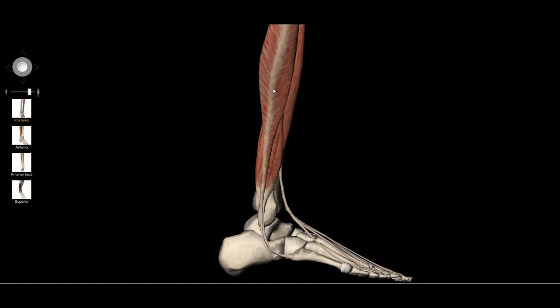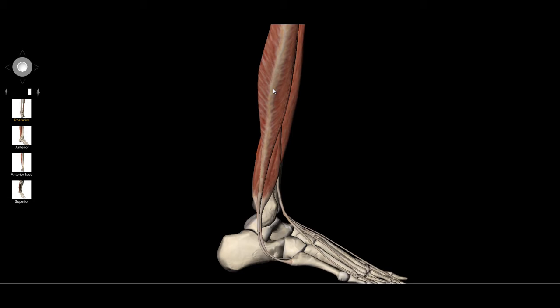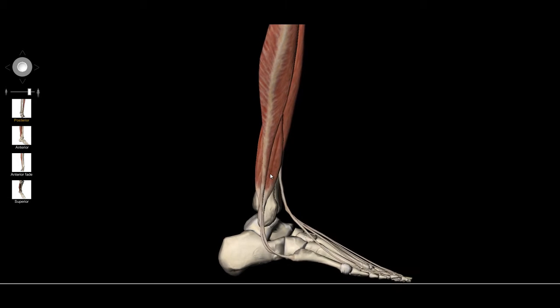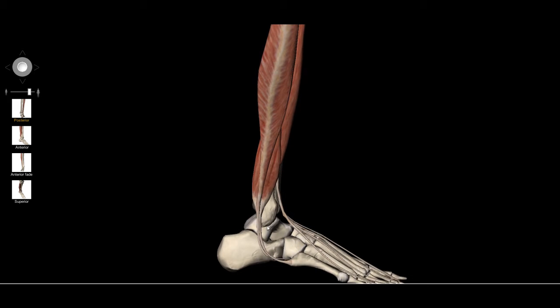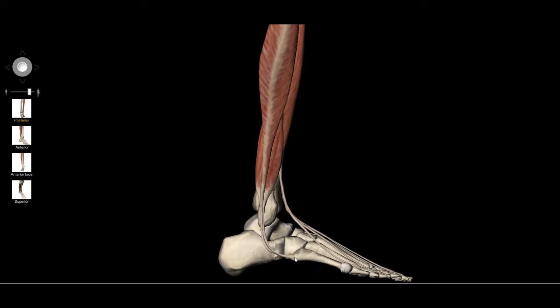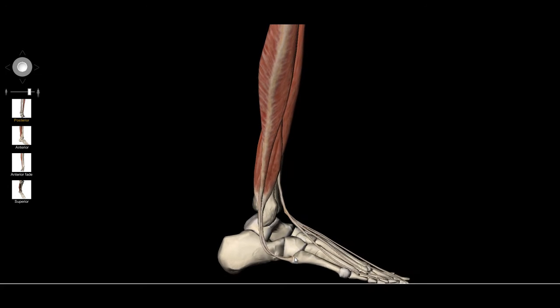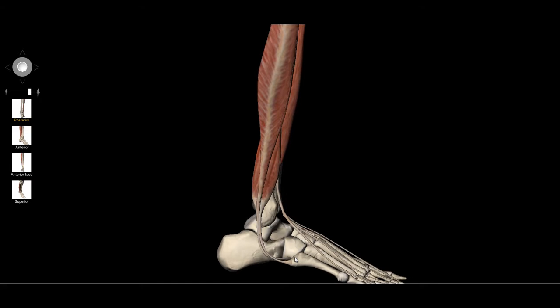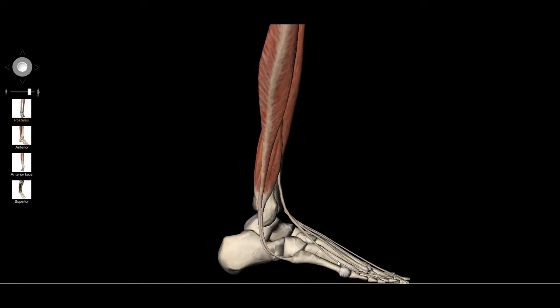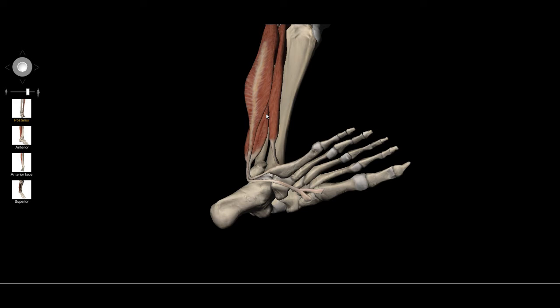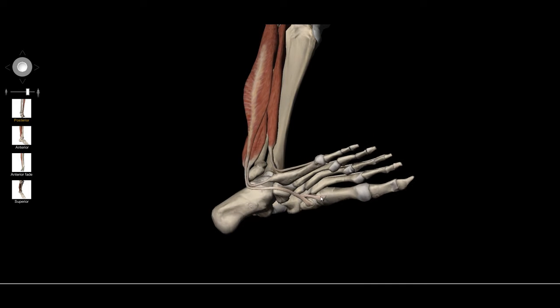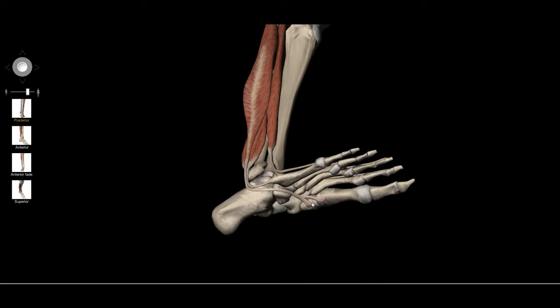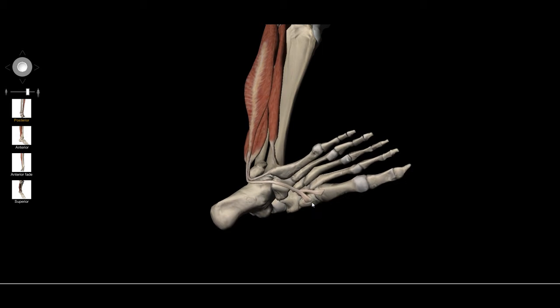And again, sometimes these will be referred to as the fibularis longus and the fibularis brevis, with their tendons moving along and acting around a pulley on the lateral malleolus, inserting on the styloid process, with the longus inserting distally onto the base of the first ray and the first cuneiform.